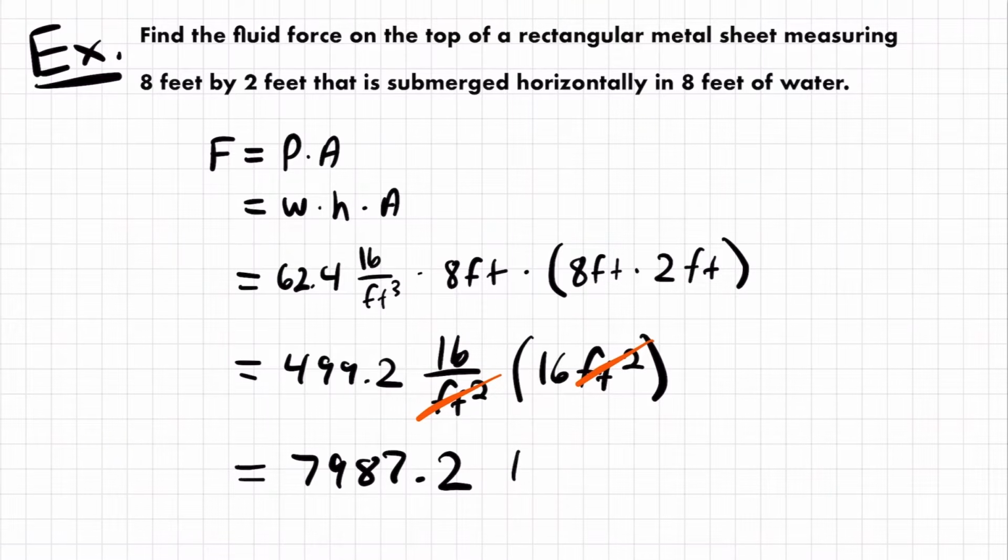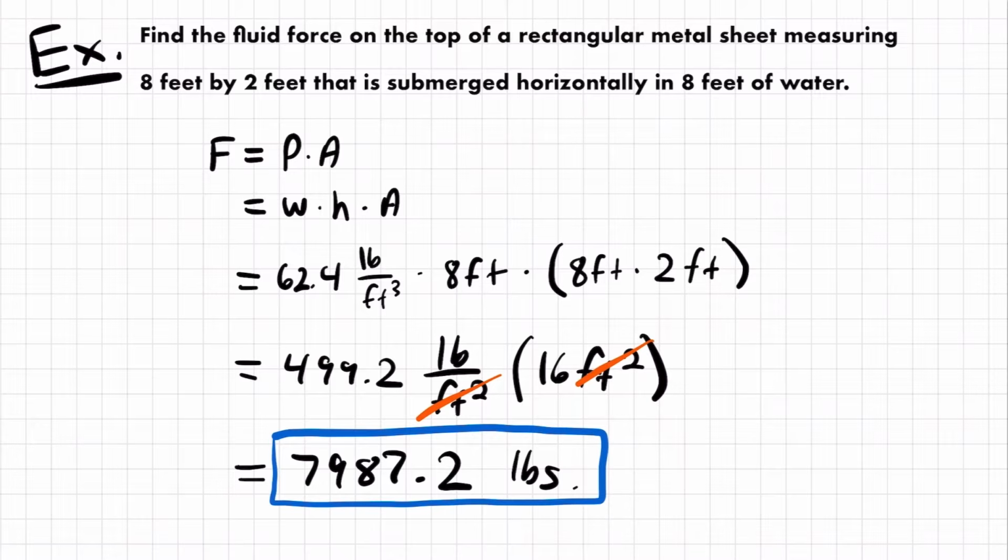So the fluid force on the rectangular metal sheet submerged horizontally in 8 feet of water is 7,987.2 pounds. Those units make sense because force can be measured in pounds when you're working with imperial units, such as feet.